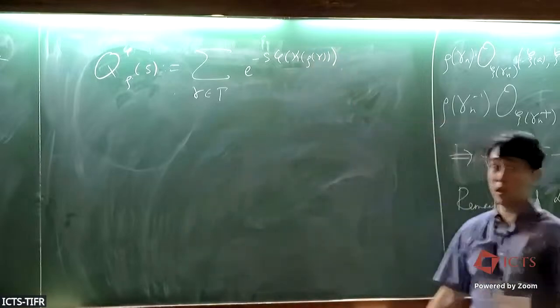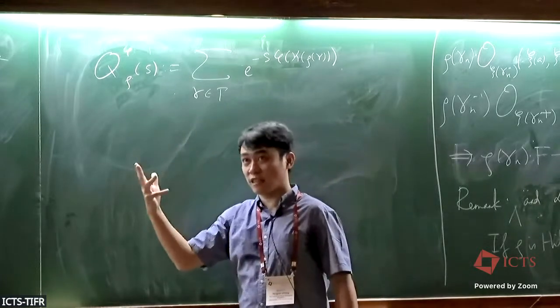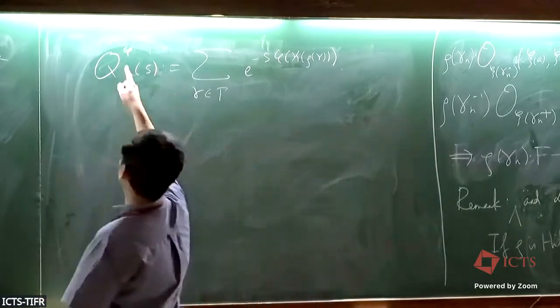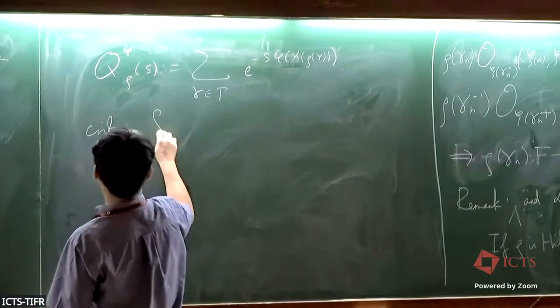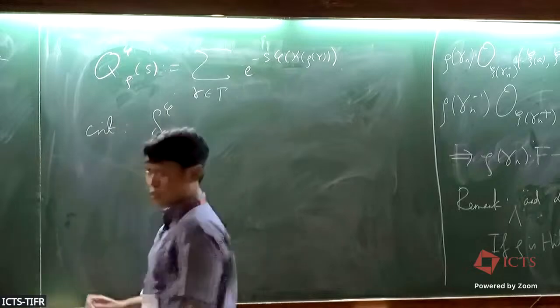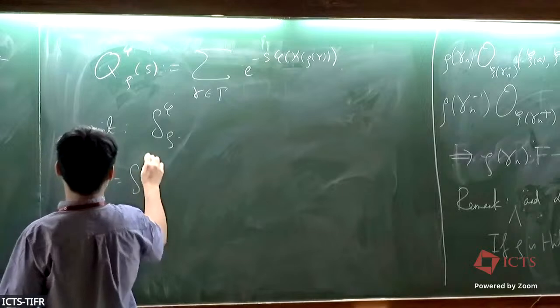And then the critical exponent of this Poincare series is what I mean. I'm going to denote it by delta phi rho. So what you show in this case is that h phi rho equals delta phi rho.